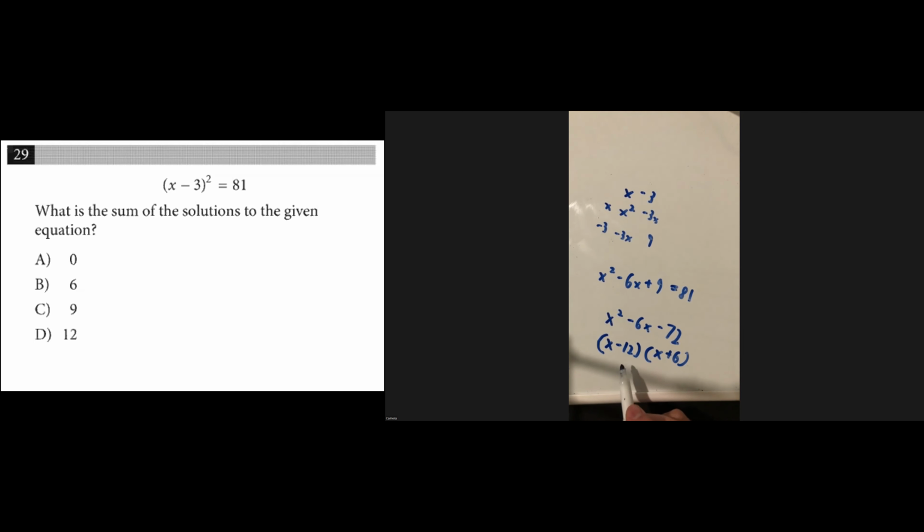And so the values of x that are solutions would be x equals 12 and x equals negative 6. Once we sum them up, we have 12 minus 6, which equals 6. So the correct answer here is answer choice B.